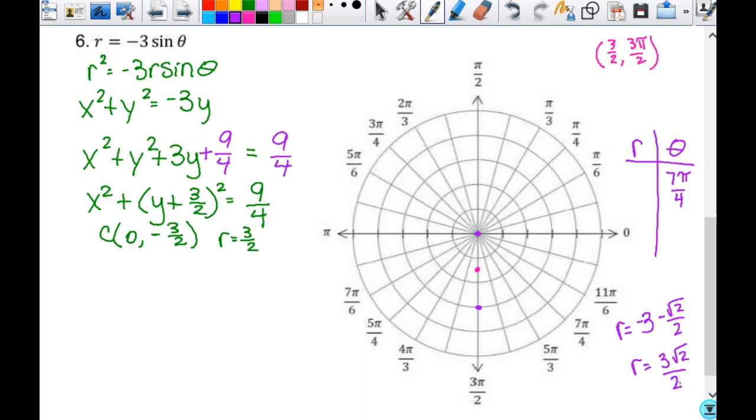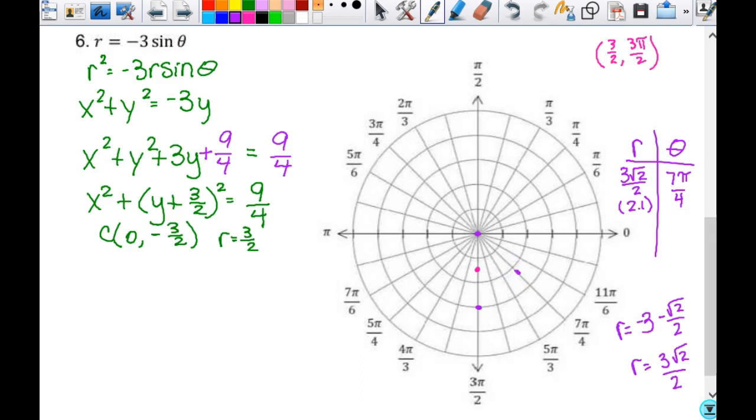All right. So that means that square root of 2 is about 1.4, right? 3 times 1.4 was what? 4.2. So I divide that by 2. It's about 2.1. So it's technically this, but really to be able to do it, 2.1 is about what we're graphing. So at 7 pi fourths, I'm going to go to 1, 2, and a little bit more. Probably a little too much more.